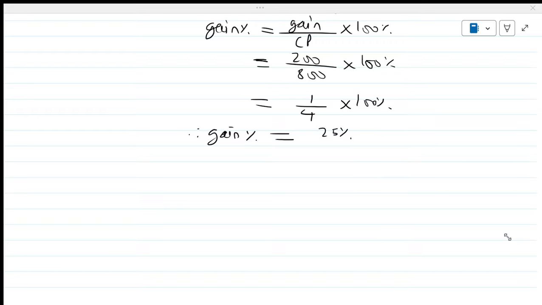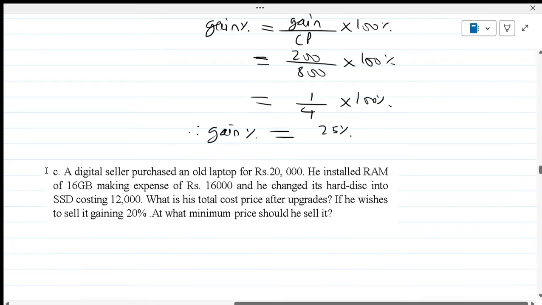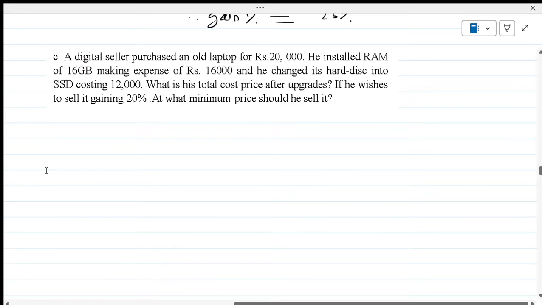Okay, let's copy the question first. So in this other number, it says a digital seller. He purchased an old laptop for 20,000. He makes sale and purchase of old laptops or new laptops alike.